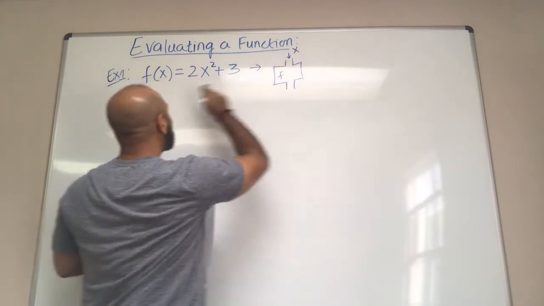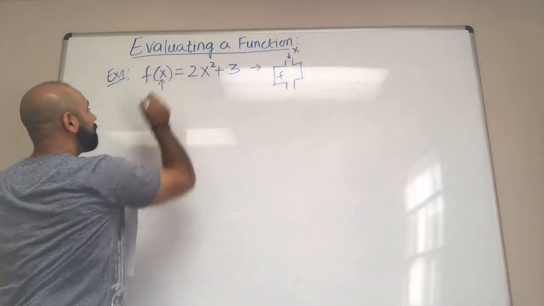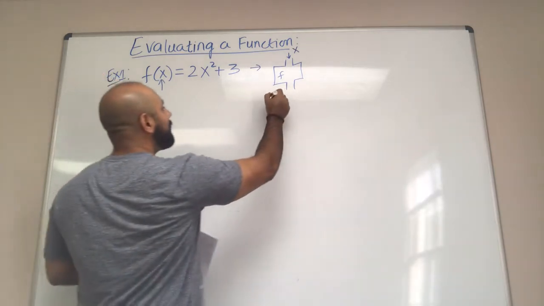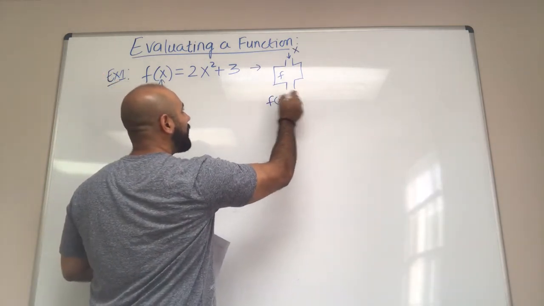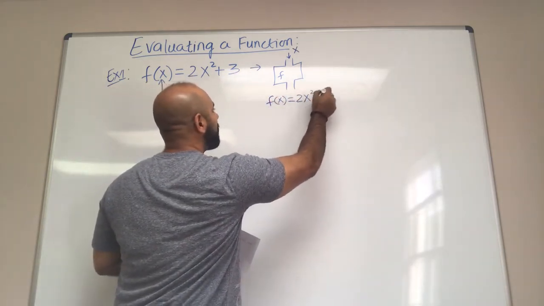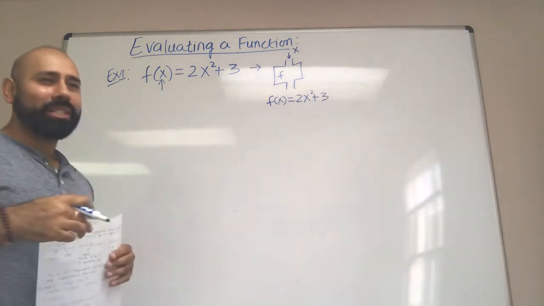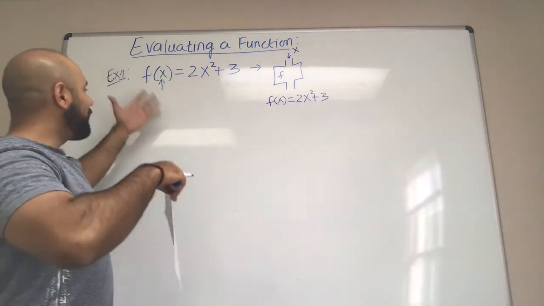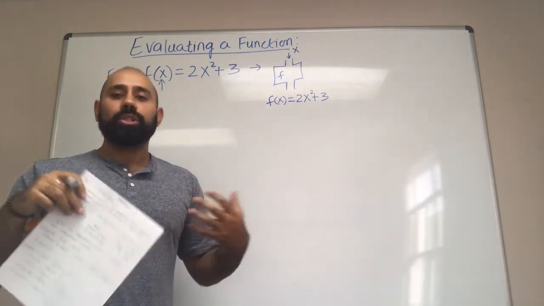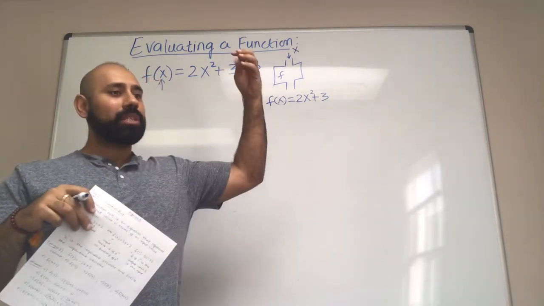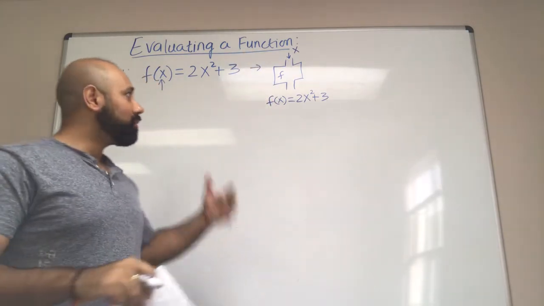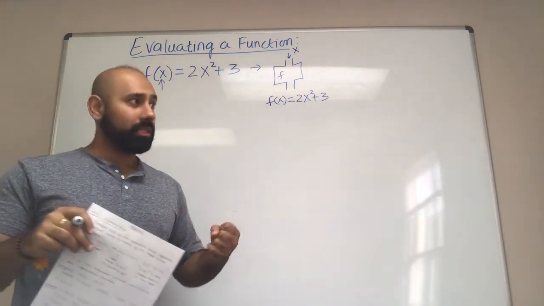This is the input which is always in the parentheses, in those brackets. And what comes out is f of x, the output, and in this case that output is 2x squared plus 3. I think of it like a juicer, where you put a fruit in as an input, and what comes out as an output is the juice. That's how you can think of a function.